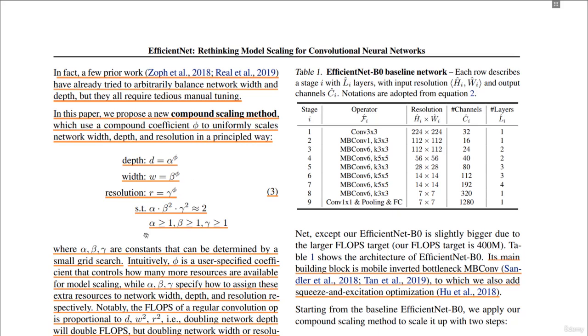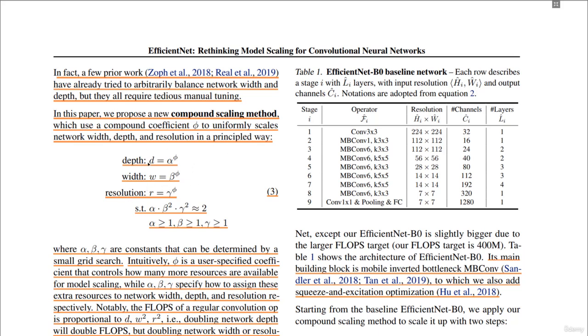So what the authors are trying to say here is they are developing this compound scaling method, in which we can now optimize our model by increasing the depth, width, or resolution, but in a more controlled way.